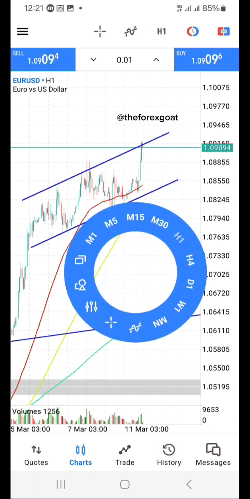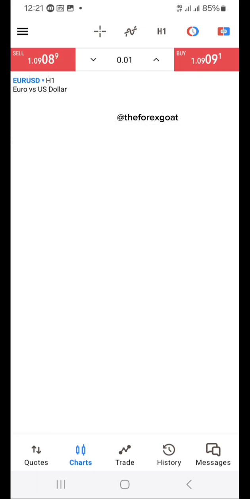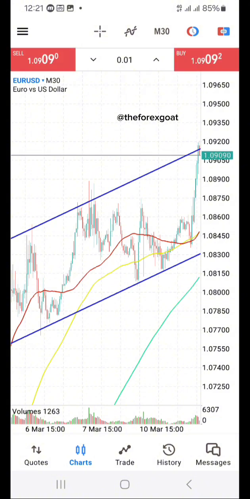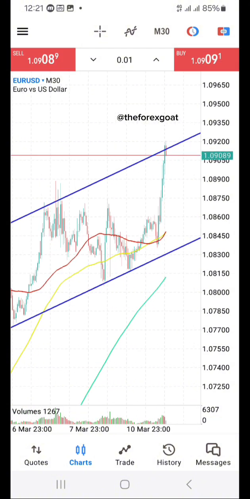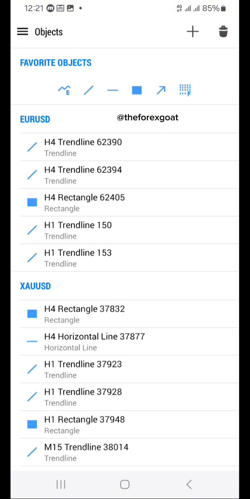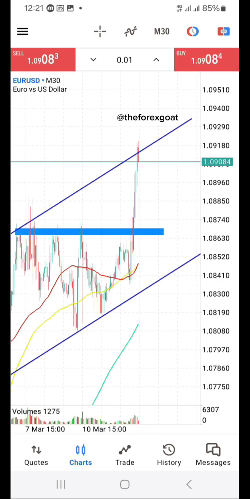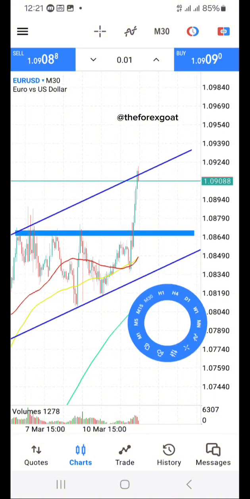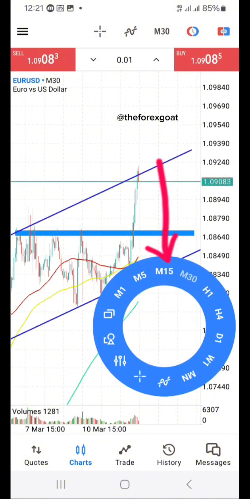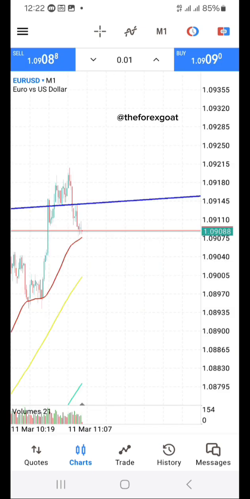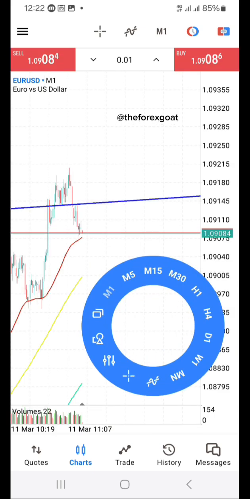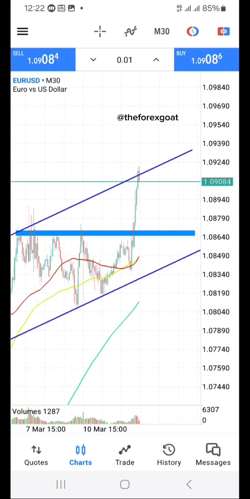So when we came to 30 minutes, I'm seeing a horizontal thing, like this possible rejection area around here. Yeah, maybe it would go down. There may be a fake breakout, but yeah, like this.